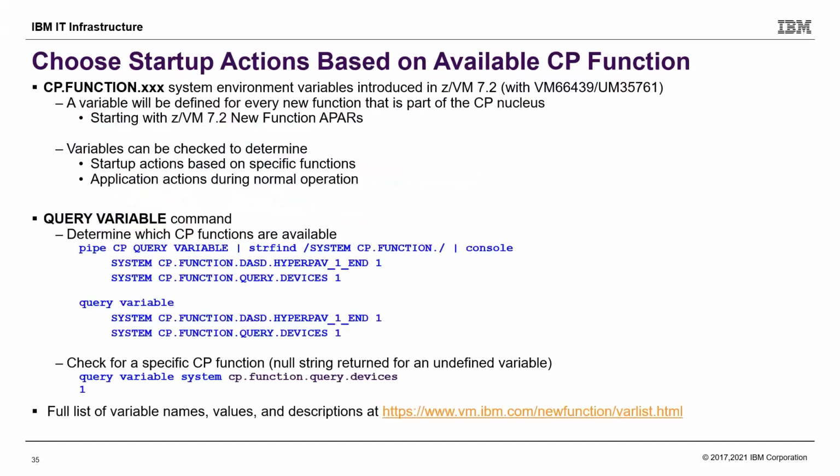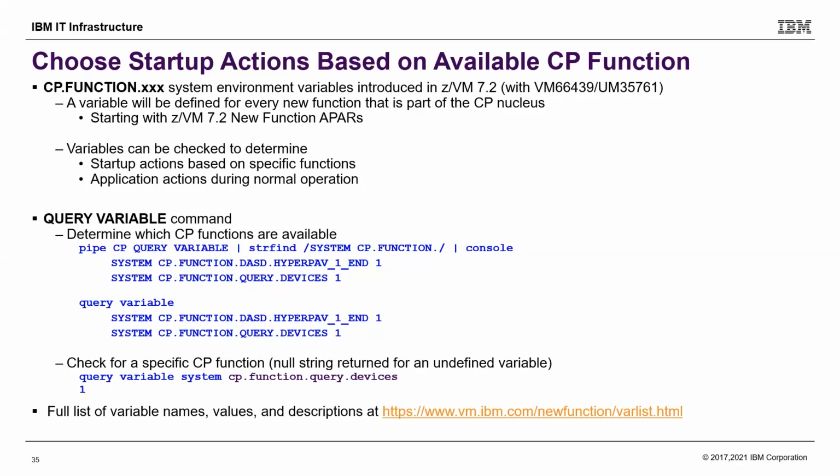Another thing with 7.2, there was an APAR that was applied right after 7.2 was released. We've introduced CP function system environment variables, and these allow you to identify what function is available on my 7.2 system. With new function APARs and continuous delivery, you can have multiple 7.2 systems running with different service applied.